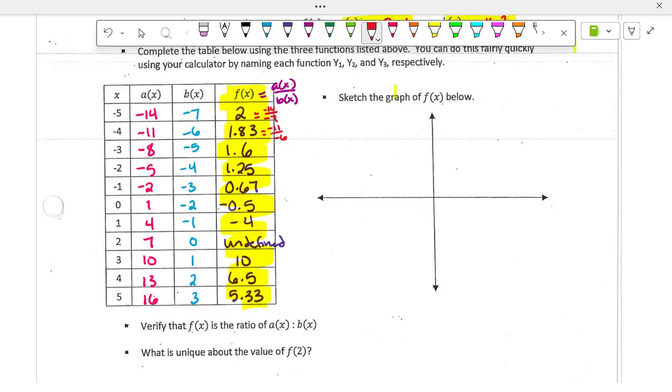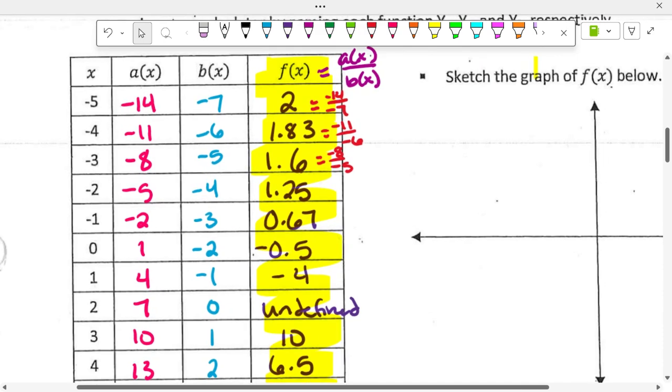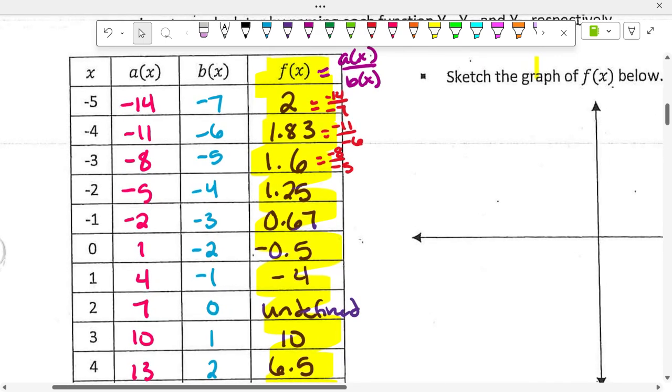Is that what you get? Yep, works there. Do negative 8 divided by negative 5. Do you get 1.6? Yep. Keep going for all of them, but don't do the one that says undefined yet.